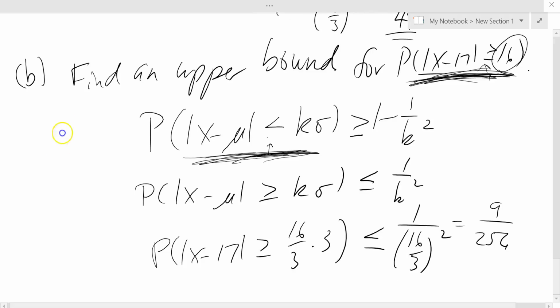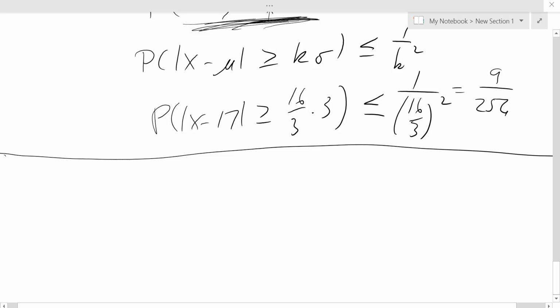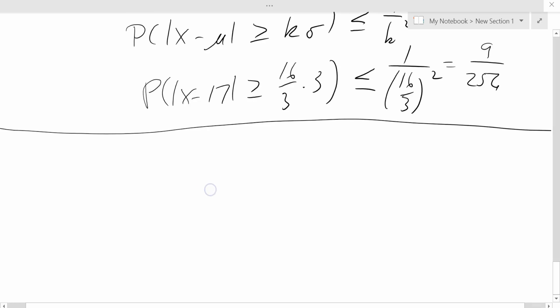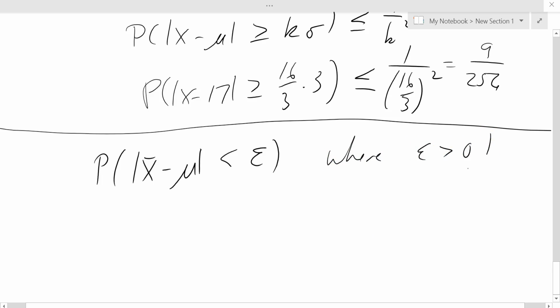So, with Chebyshev's inequality, we can look at another property of estimators that we might like to have. So, in particular, let's say that we look at the probability that the difference between the sample mean and the population mean is less than some epsilon, where epsilon is some positive number.